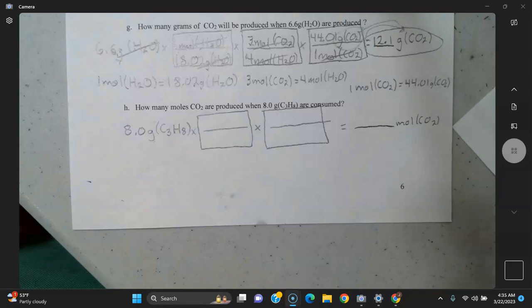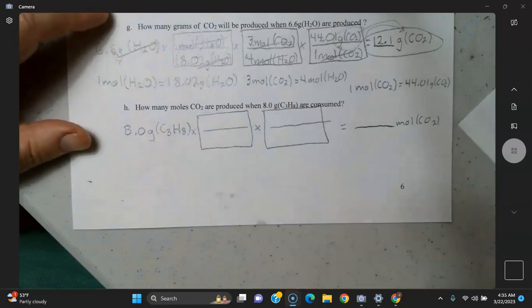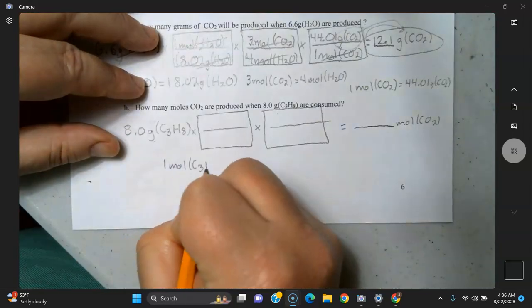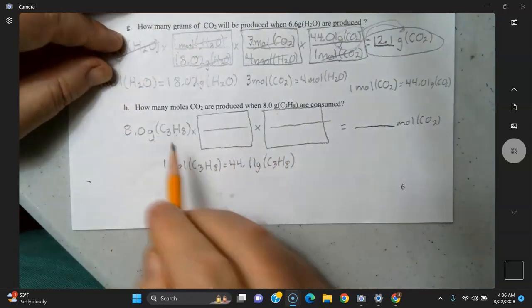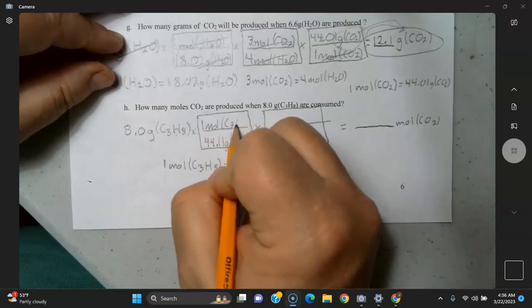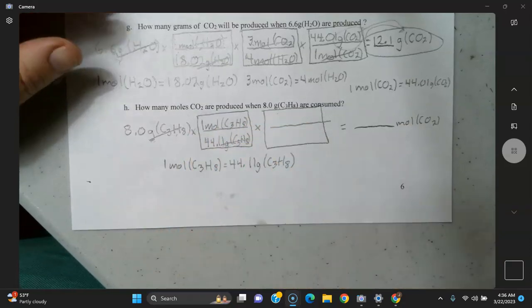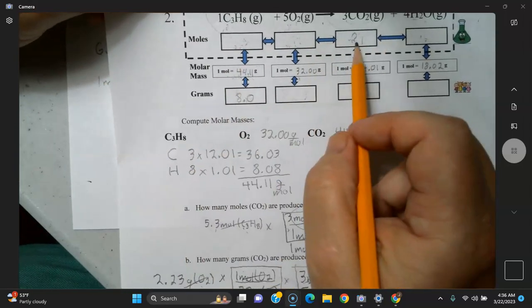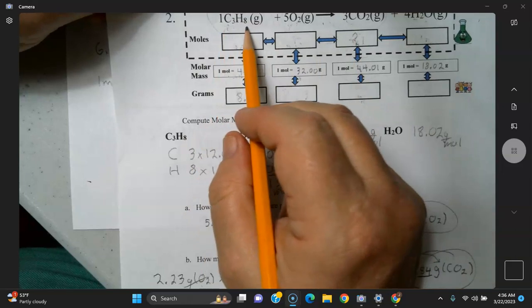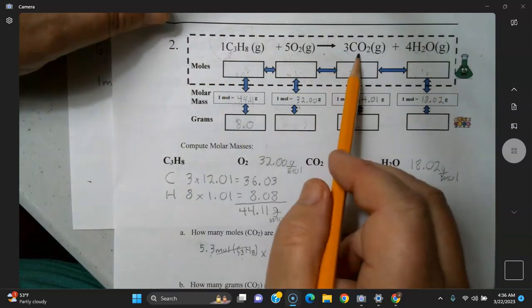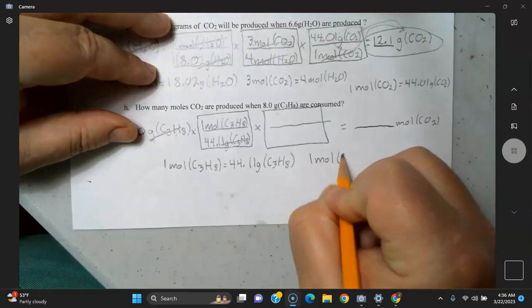Okay, so first equivalency we said is the molar mass of C3H8. Okay, grams of C3H8 up there, so we need it on the bottom here. That cancels with that. Okay, now we're up here, moles of C3H8, and we need to get over to moles of CO2. So it's 1 mole C3H8 equals 3 moles of CO2.